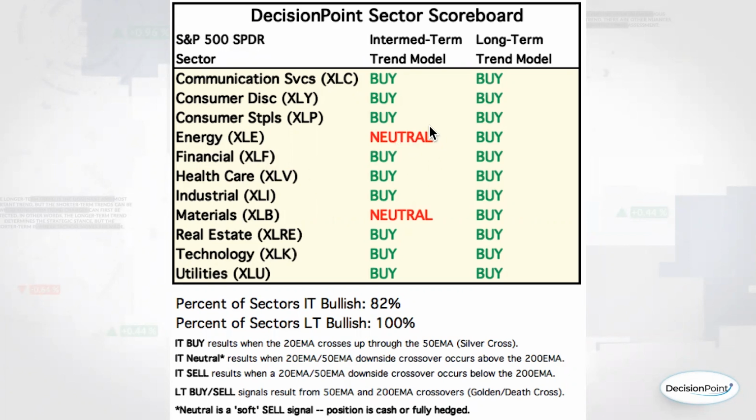But because that is occurring above the 200-day EMA, rather than going to a sell position, we go into what's called neutral, which means fully in cash or hedged against that particular sector. And then you can see materials also with that neutral signal. We're keeping an eye out because some of these are going to get their buy signals back, or we're going to see some more neutral signals. And this is also in our Decision Point alert every day.